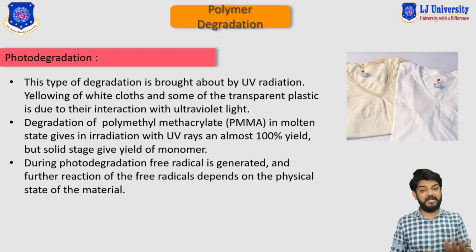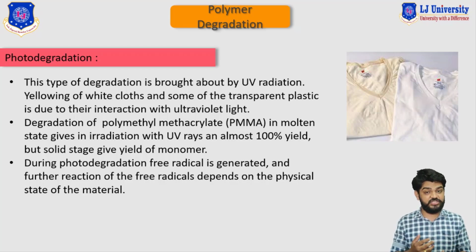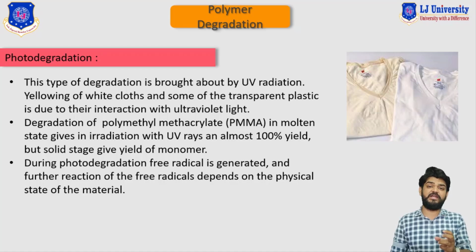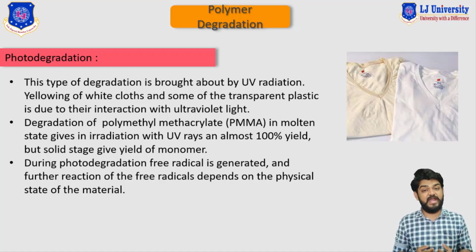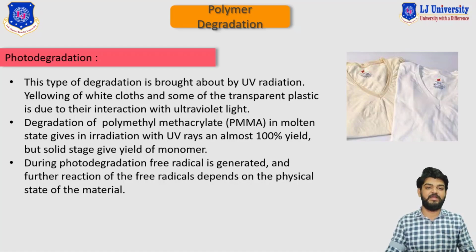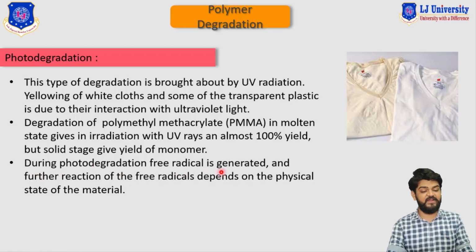Similar to the previous degradation processes, in photo degradation also a free radical is generated. This is the main reason behind the photo degradation process. Ultraviolet rays produce a free radical out of the polymer. As you can see here, during photo degradation, a free radical is generated, and further reaction of the free radical is dependent on the physical state of the material.